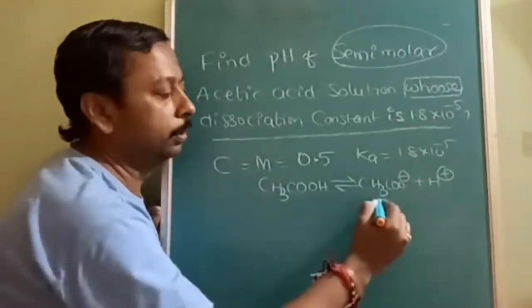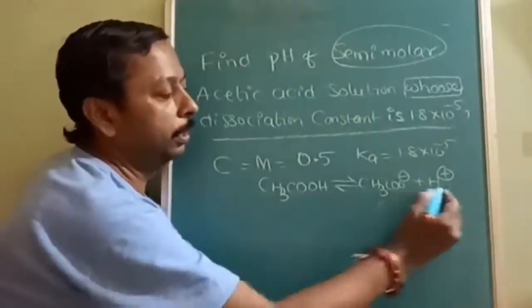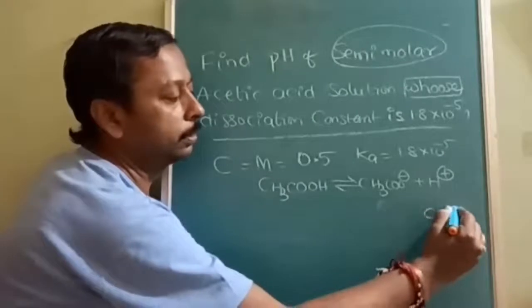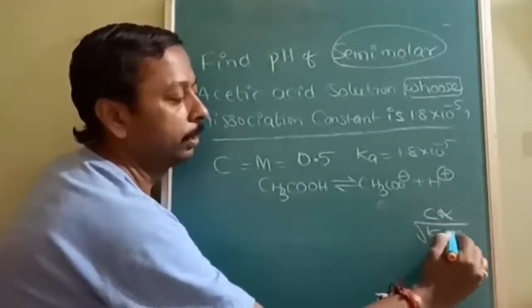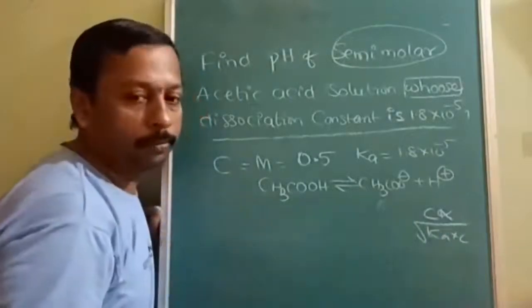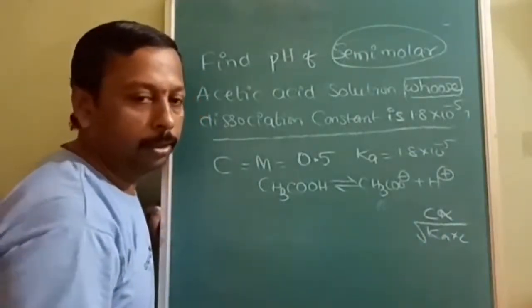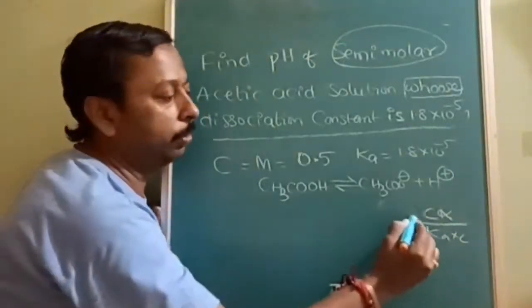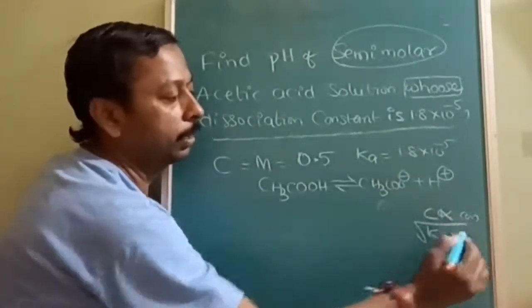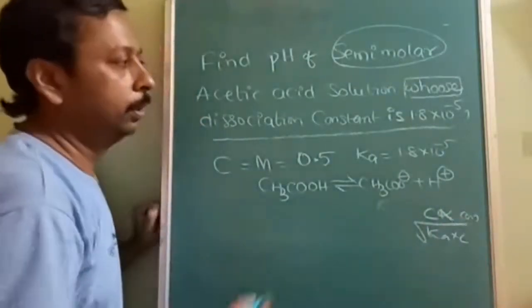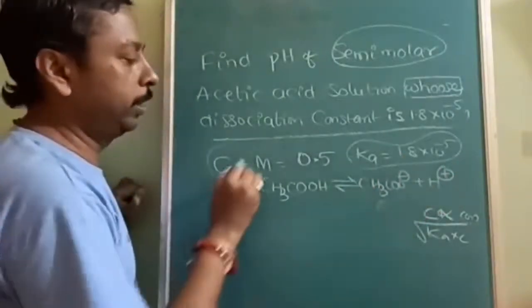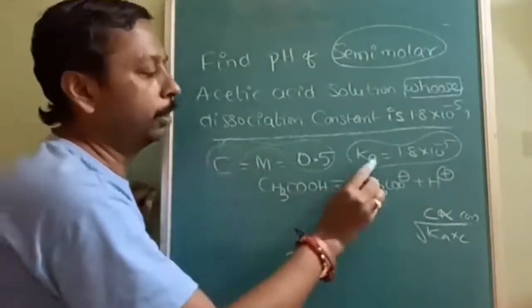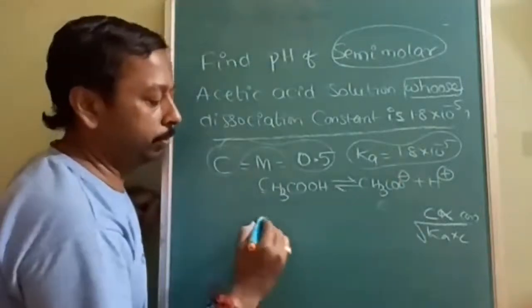Already I told you, this is either C alpha concentration or square root of Ka into C in the Ostwald dilution law. In the Ostwald dilution law I told you either C alpha or square root of Ka into C. As I have written separately, it is easy to identify the formula. We have Ka and C, so we can substitute here.